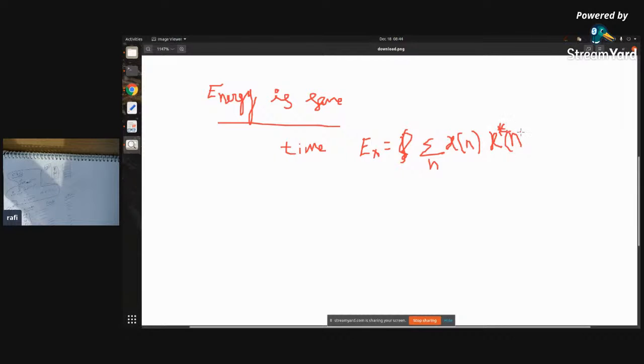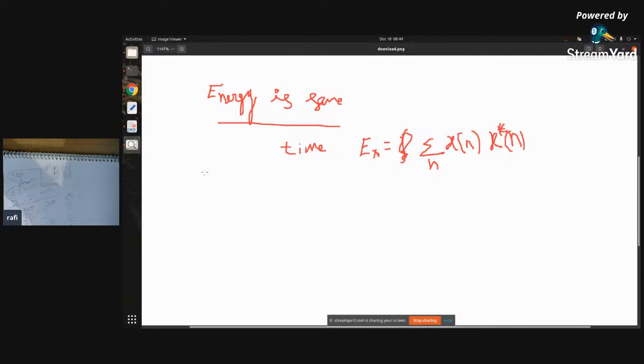If x is real, then it is x square. If x is complex, then it is mod x whole square. This is the actual definition for a complex signal.